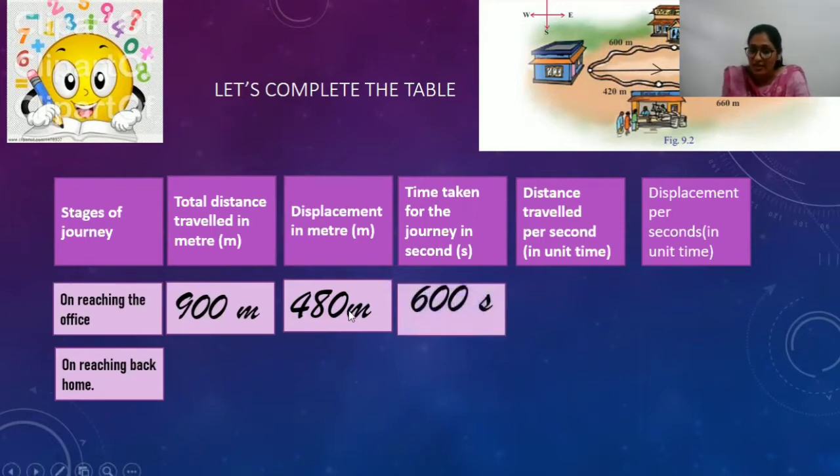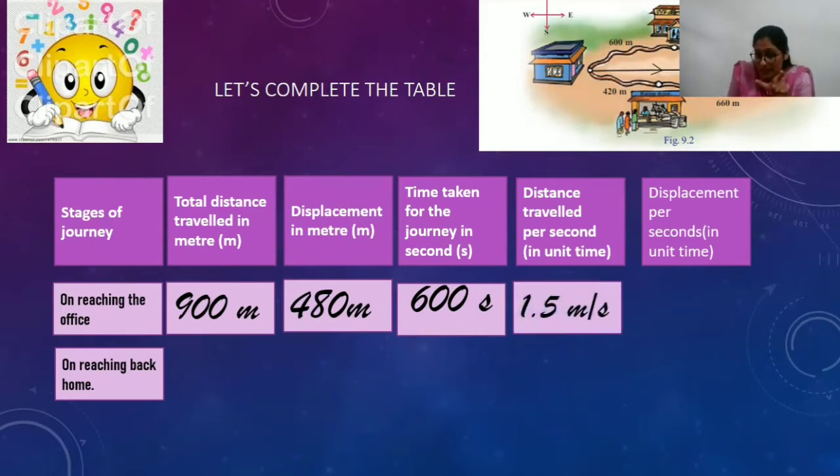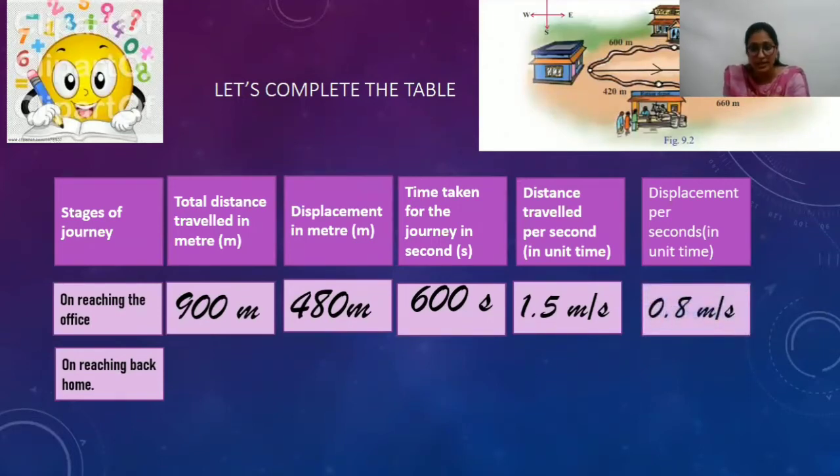Now, the distance traveled per second, we know, is speed. Speed is given as distance divided by time. So we can find the speed: 900 divided by 600, that is 1.5 meter per second. Displacement per second, that is velocity, is given by 480 divided by 600, that is 0.8 meter per second. Now the next stage of the journey is on reaching back home from the office.